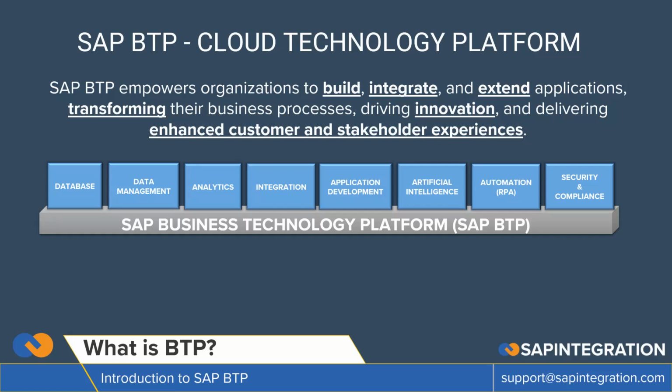I hope you are starting to see the power of SAP BTP and the benefits that you're going to get with it. Well, I've highlighted some key points that are important to understand from the SAP BTP perspective. SAP BTP helps customers to build, integrate and extend their applications in the programming languages that SAP BTP supports. If a customer wants to build an application, everything is available in SAP BTP.